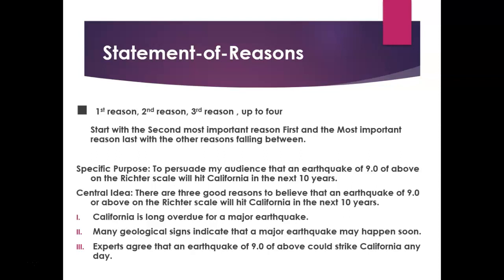First main point, California is long overdue for a major earthquake. Second main point, many geological signs indicate that a major earthquake may happen soon. Third main point, experts agree that an earthquake of 9.0 or above could strike California any day.